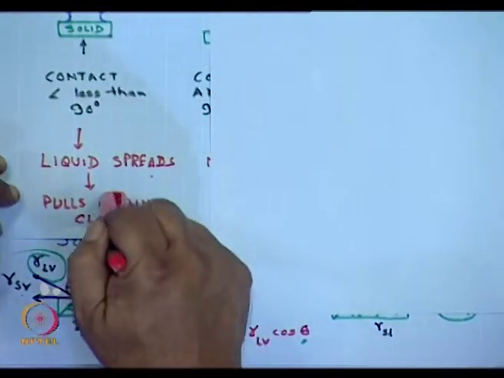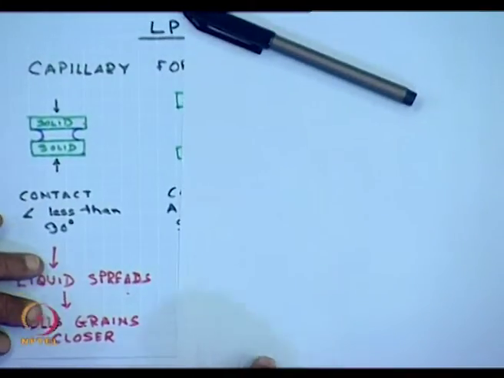Why? Because the sand surface has been wetted by water, and the surface tension of the water is pulling the grains together. This is exactly what happens due to the capillary process for surfaces that are wetted.